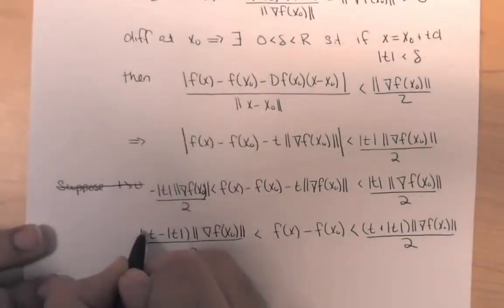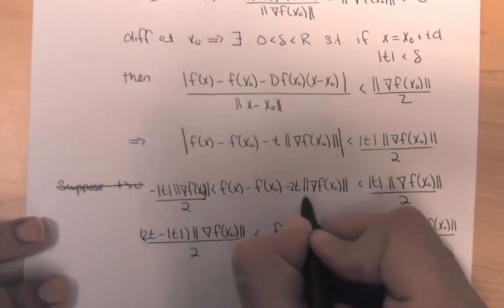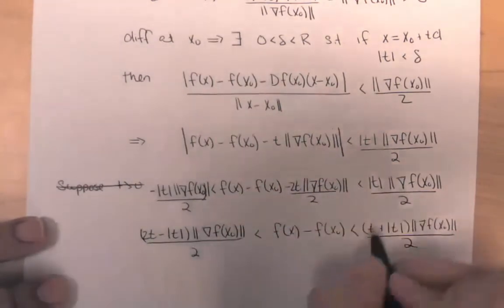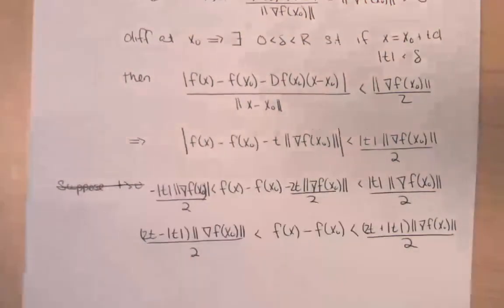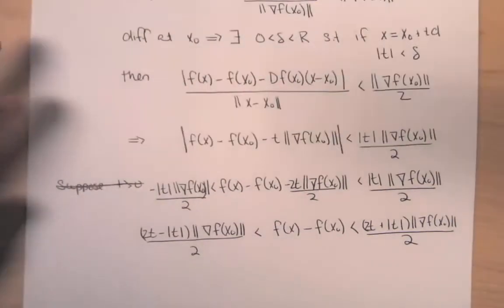Well, I'm missing a 2 here. Let's put this over a common denominator, and we'll see why the 2 exists. The 2 should be there.